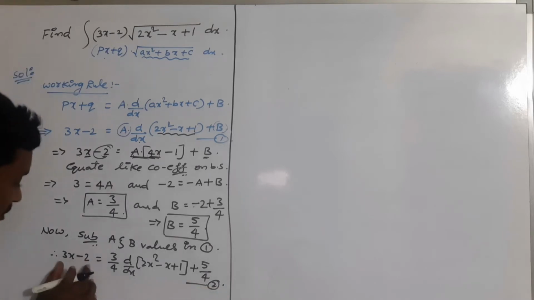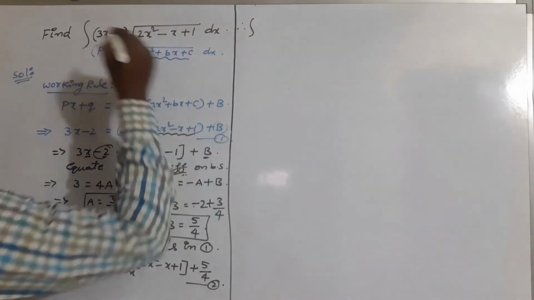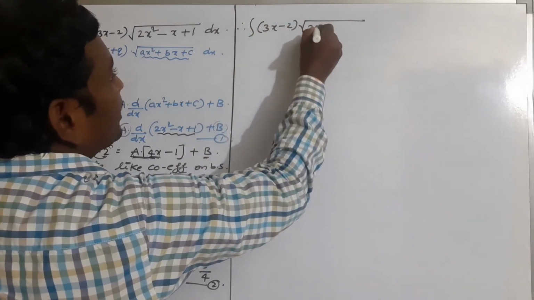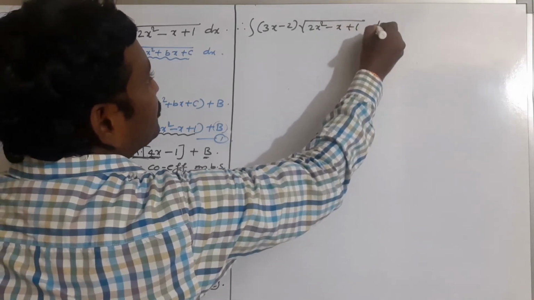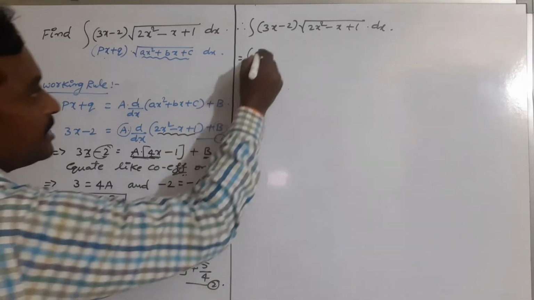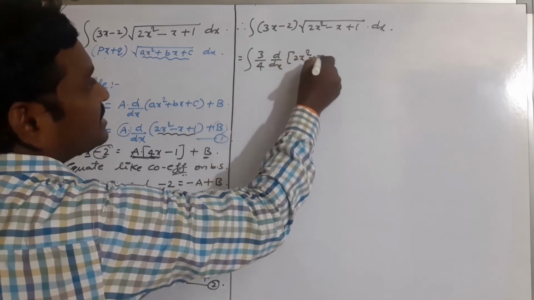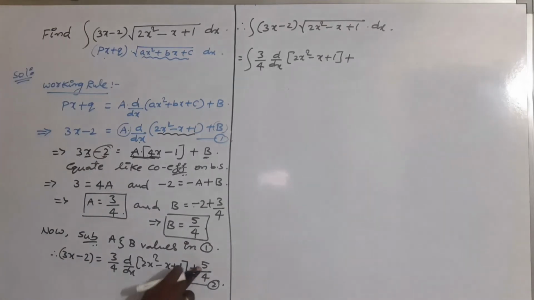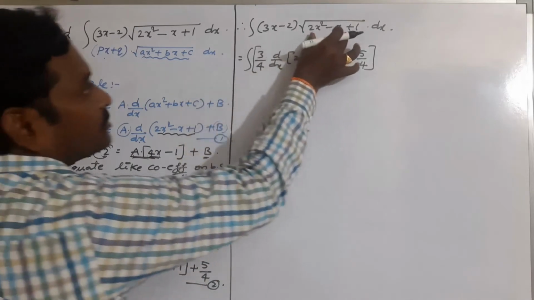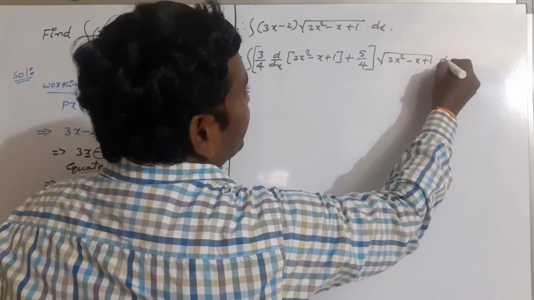So anyway, substitute this 3x minus 2 value in the given problem. So the given problem becomes the integral of (3x minus 2) root over 2x square minus x plus 1 into dx, equal to, what is 3x minus 2 from equation number 2? 3 by 4 d by dx of 2x square minus x plus 1 plus 5 by 4, whole into, outside we have the square root, which is 2x square minus x plus 1, into dx.